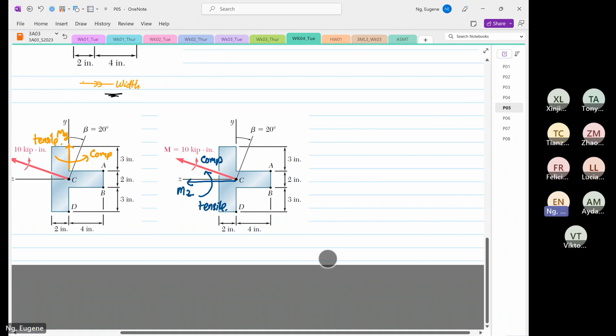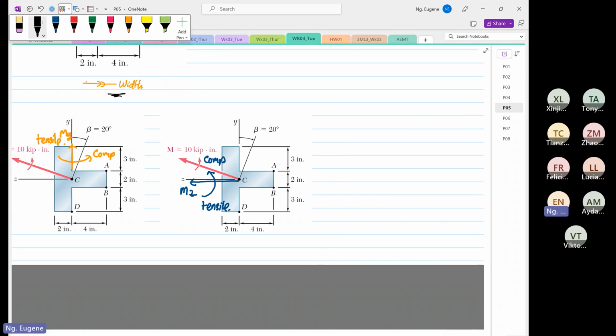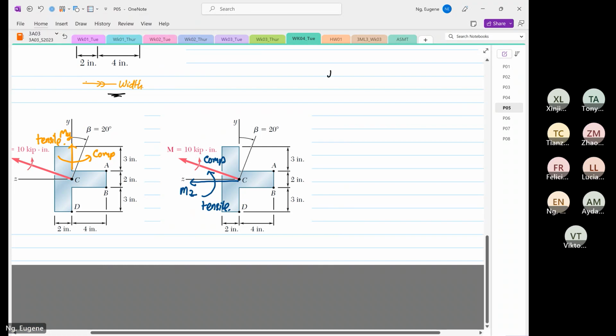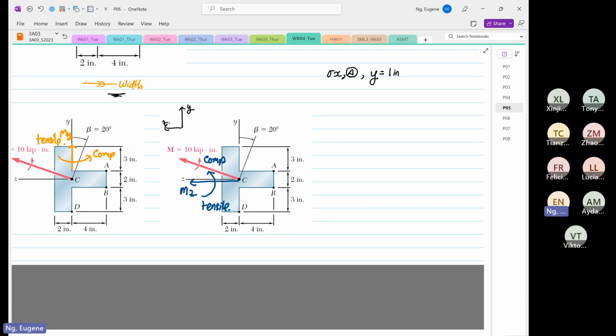Okay. So from here, we can now formulate. Let's look at stress X at point A. Okay, and it's important to know that vertical is our Y, horizontal is our Z. So if you look at point A, the Y distance from the centroid is equal to 1 inch.